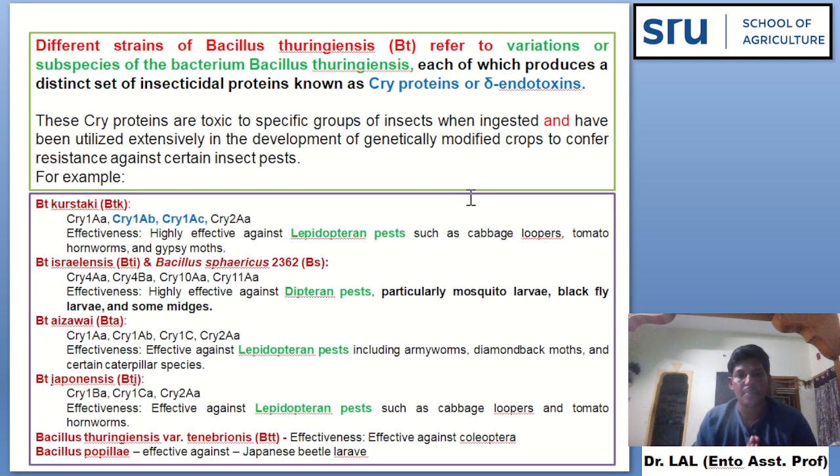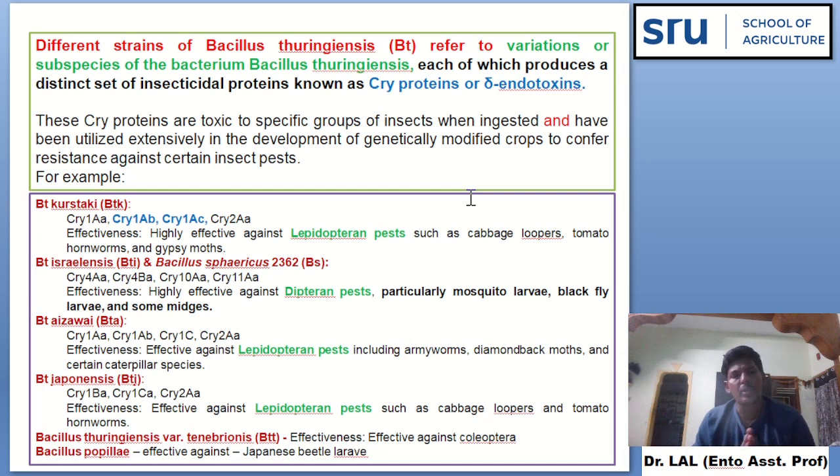Different strains of Bt. Different strains of Bt refers to the variations or subspecies of the bacterium Bacillus thuringiensis. Each strain produces a distinct set of insecticidal proteins known as cry proteins or delta endotoxins.